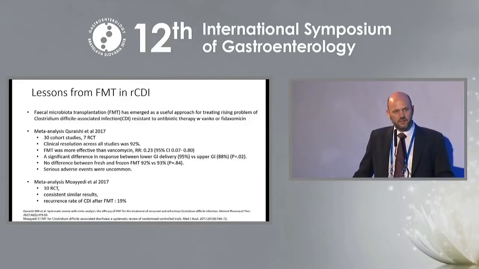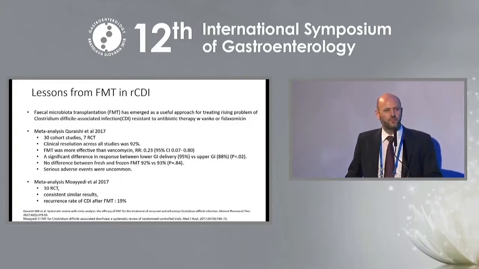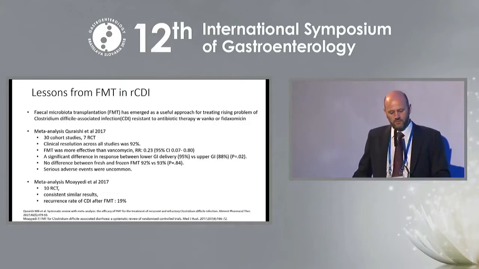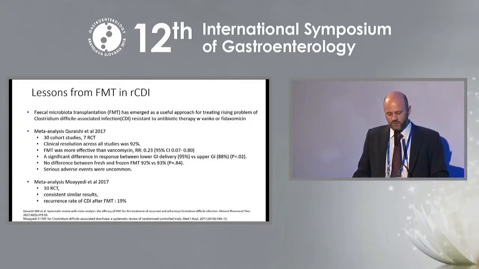And this meta-analysis has shown that FMT has an extremely high clinical resolution percentage. It was up to 92%. It was significantly more effective than vancomycin, about 5 times. There was a significant difference in response between the lower GI delivery, which was more effective, and upper GI, which was less effective.